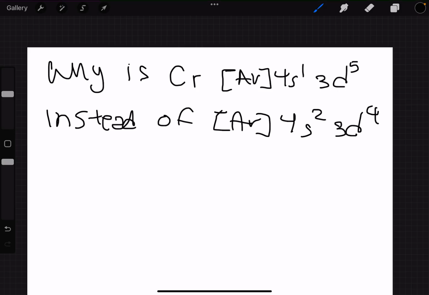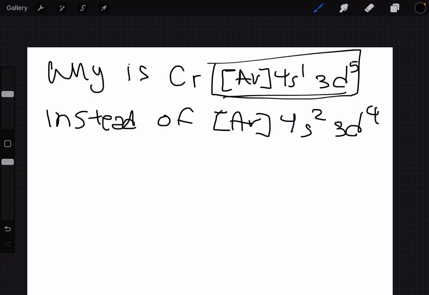Why is it chromium this instead of 4s2 and 4s1? This is actually because it's more stable when it is like this. It's hard to explain essentially, but the d orbitals will be more stable when it has an electron right here rather than there.